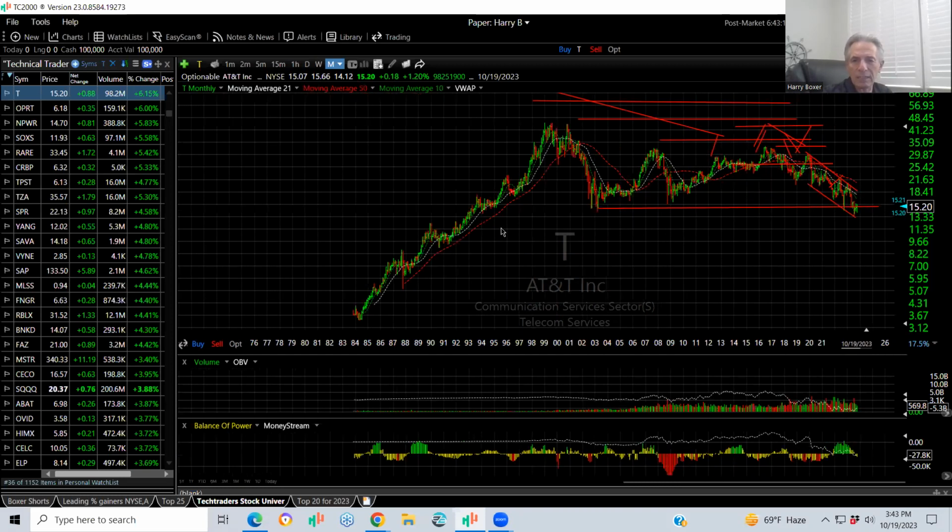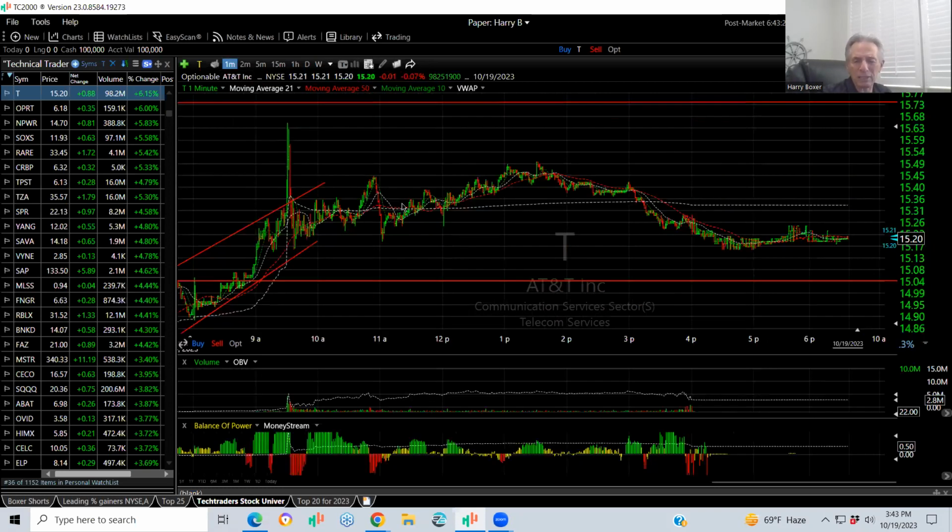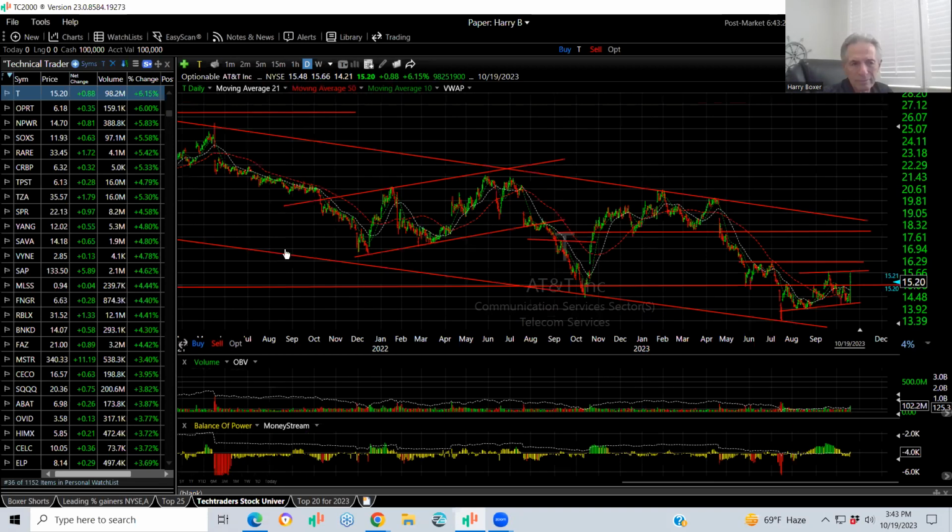This is the lowest level in AT&T since 1993, a 20-year low. But why pick a bottom? Why not be in a stock that's in an uptrend? So my take on AT&T is that today was a good day for it, but you have overhead resistance. If you're looking for a swing, if it gets back to 17.75, 18, that would be the most I would look for.